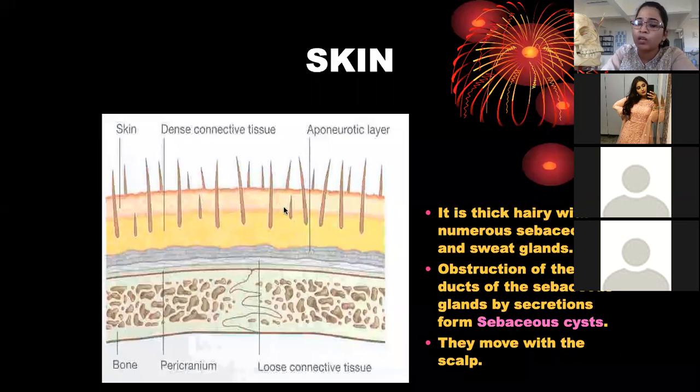That can block the openings of the sebaceous glands, and because of that we might see sebaceous cysts. Cysts are small in size because they have not enough space to move, but they are very, very painful. So this is the applied aspect of the skin. Clear till here, everyone?